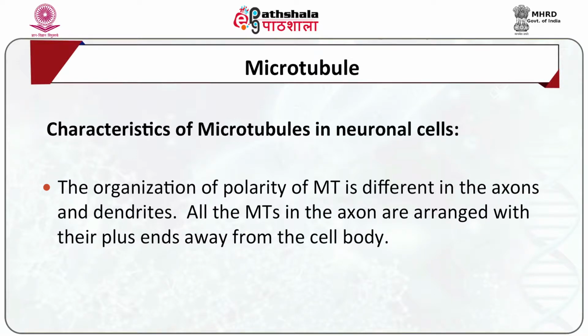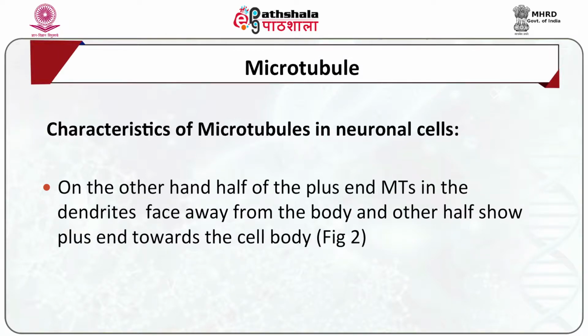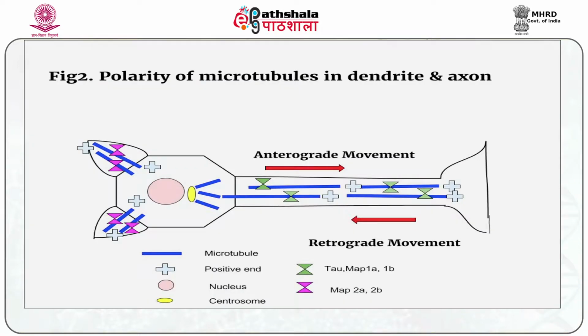And if we look at the polarity, microtubule polarity is different in axons and dendrites. In axons they are all arranged with the plus ends away from the cell body. On the other hand, half of the microtubules in the dendrites have their plus ends facing away from the body and the other half show plus ends towards the cell body.